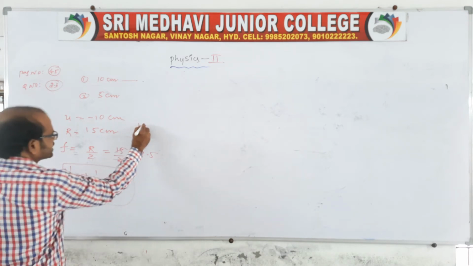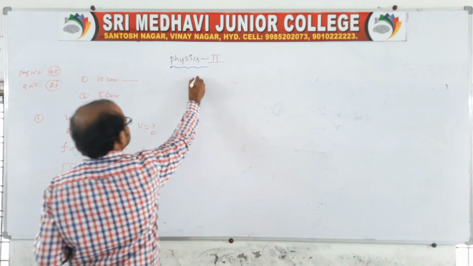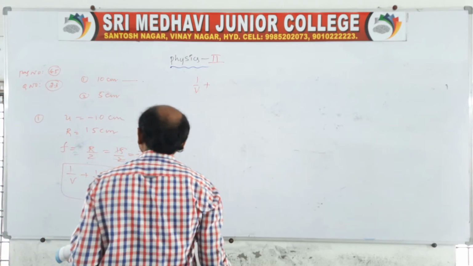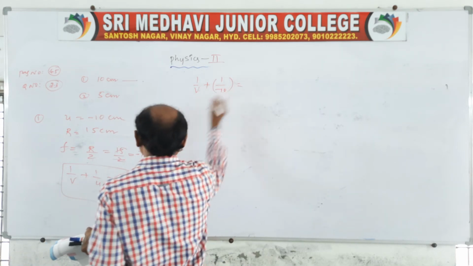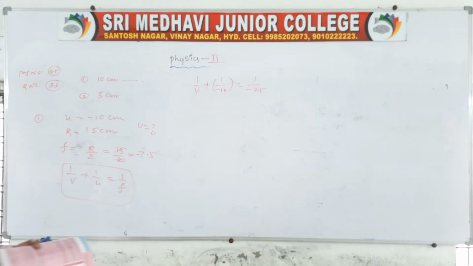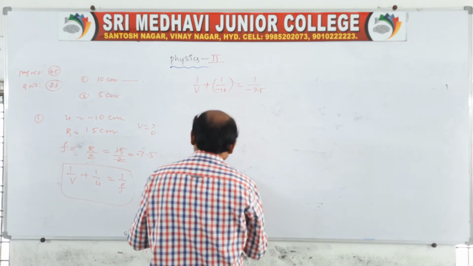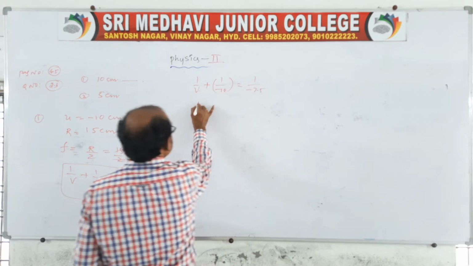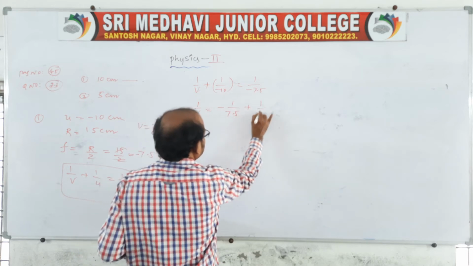We are asking for v in the first case, using the first distance. Write 1 by v plus 1 by u, that is minus 1 by 10, equal to 1 by f, which is minus 1 by 7.5. Now we simplify. 1 by v is equal to minus 1 by 7.5 plus 1 by 10.